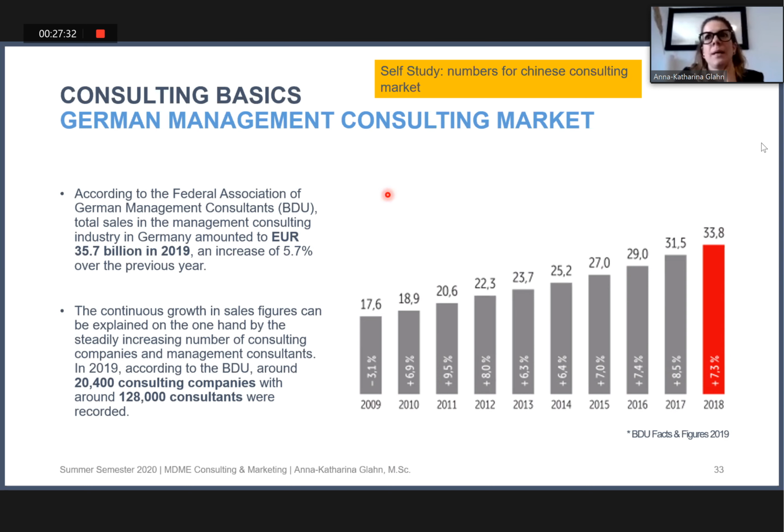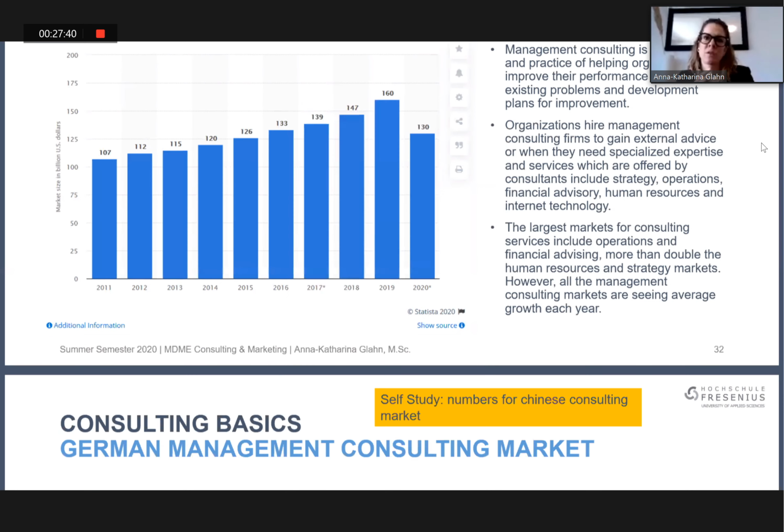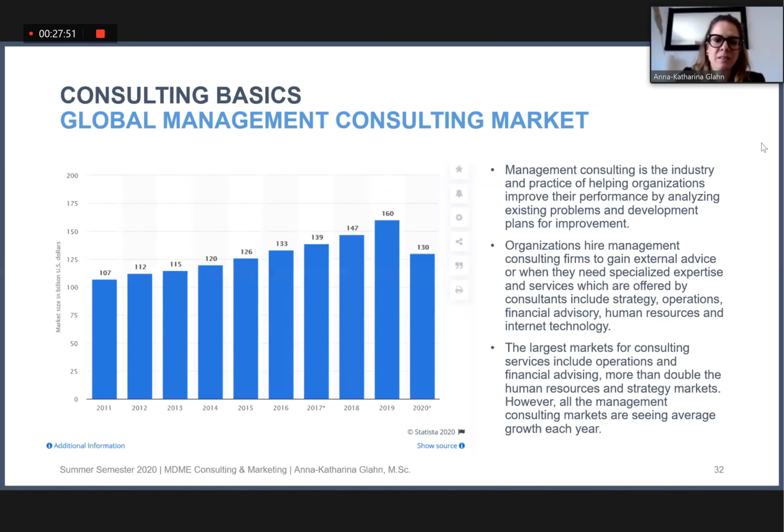Maybe you will meet the same problems as me, that these numbers are not fitting together, because we are talking about 35.7 billion in Germany, and in 2019 it was 160 billion in the whole world, where dollars and euros are mostly the same. I cannot imagine that Germany is taking such a big part of this consulting area.